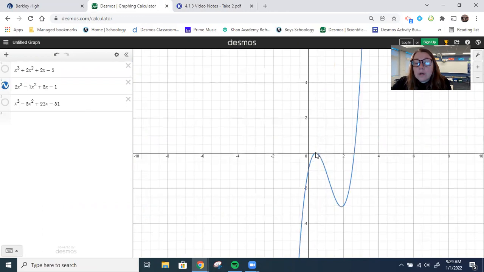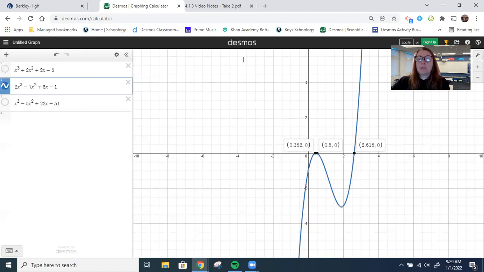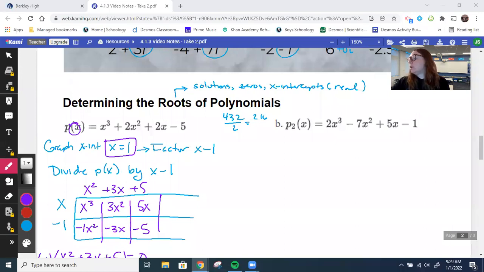There's a point here at 0.5, there's a point here at 0.382, and then there's a point here at 2.618. It's cubic, so I should expect three things, and all three of them are showing up on the graph. So I'm going to drag this over because I'm not going to remember them if I look away. So 0.382, 0.5, and 2.6.